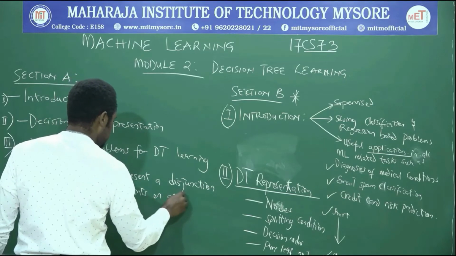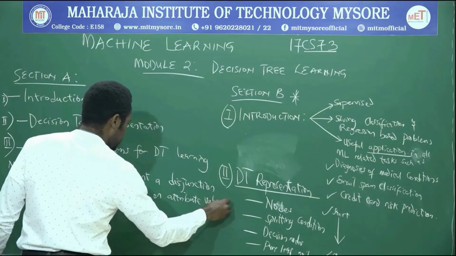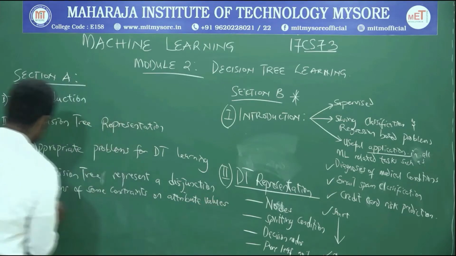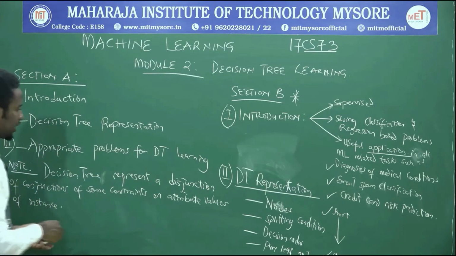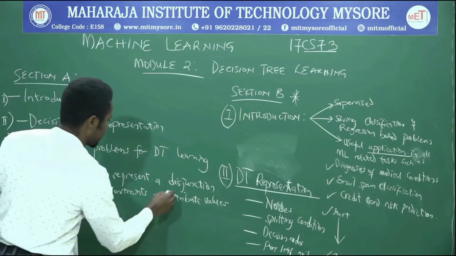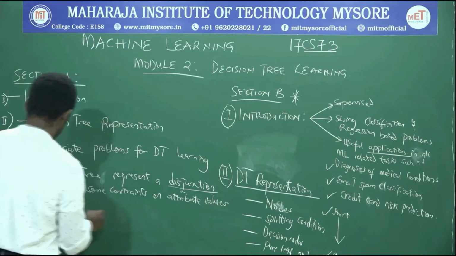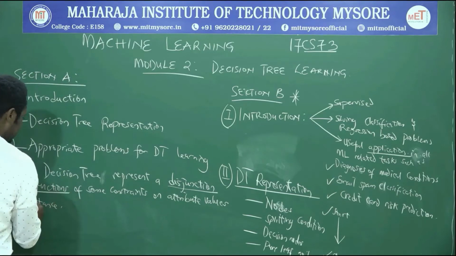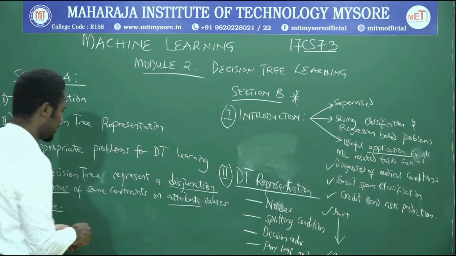Now, let's define some terms here. What is disjunction? What is conjunction? How about an instance? What are attributes? So you can see some keywords here, right?